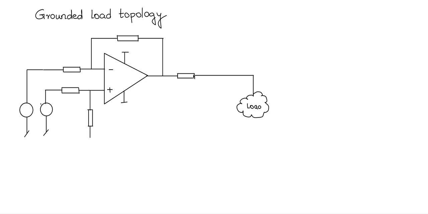So this is the one which goes to a long distance and reaches the load, and the load at the remote end is also grounded, which means this point and this point are common. They are all connected to the common power supply grounds.